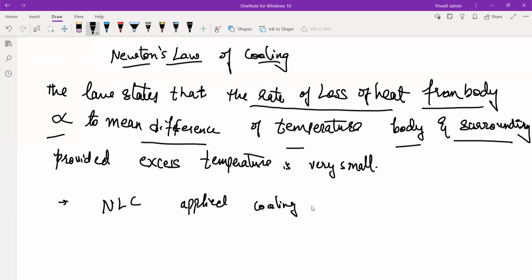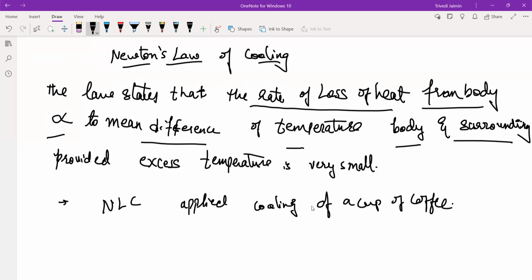See, I'm writing this so that you can understand and remember it. Easy way to remember: cooling of a cup of coffee kept on a table.